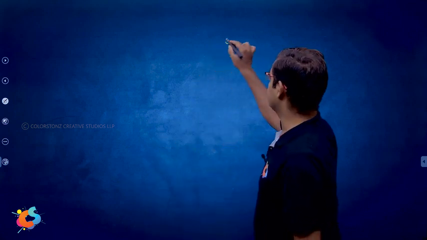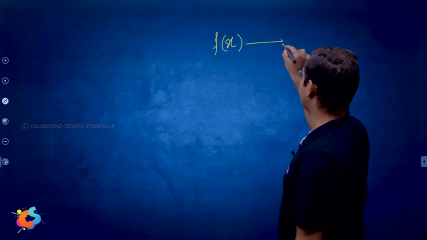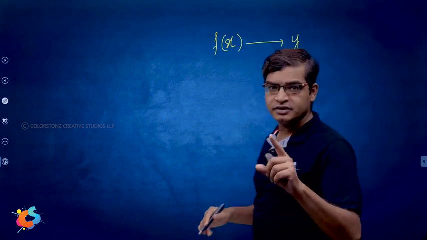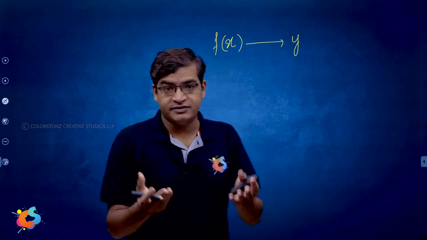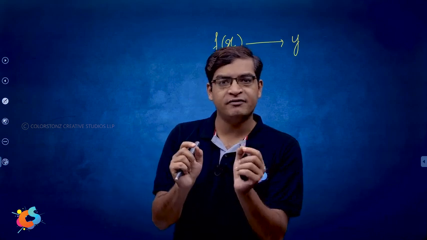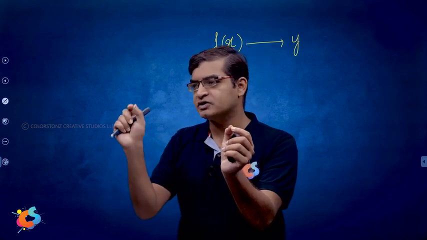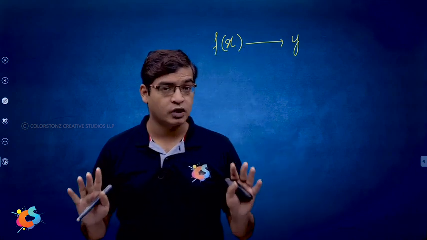And in general, it means that if you have an input, then for this input, the function should give only one output. For one input, there is only one output. So like we have taken a mathematical example, f of 1 is equal to 3. If you are giving one input, then the output is also one single value, that is 3, right? So we are very clear with what is a function.